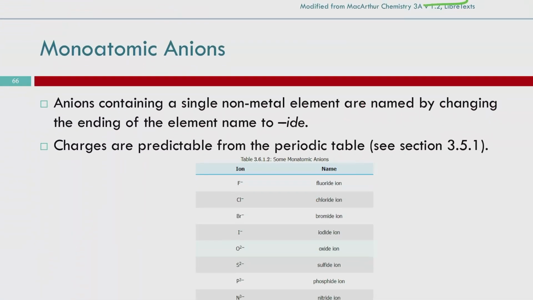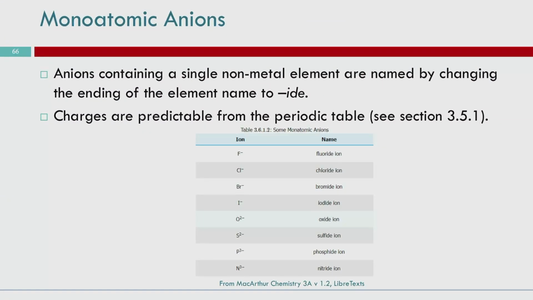So that's nice. So that's our cations, the positively charged things that would be in front. The back side are the anions, the negatively charged things. So monoatomic anions, just one atom, an element. And when we have a single nonmetal element, we change the ending of the name to -ide and add ion.